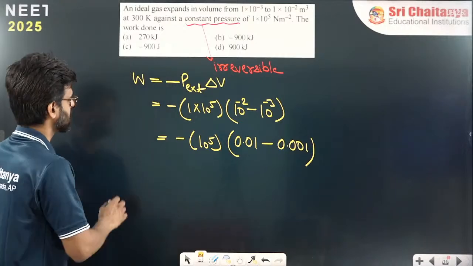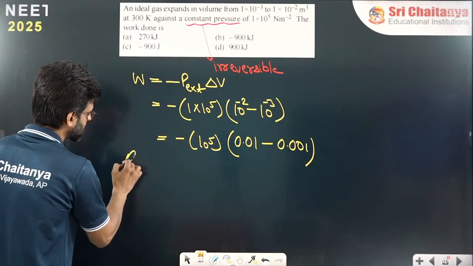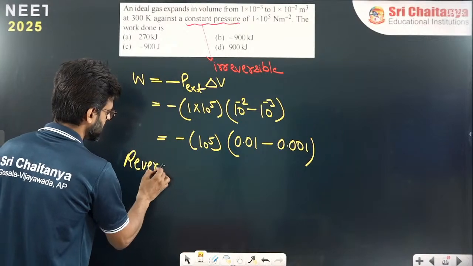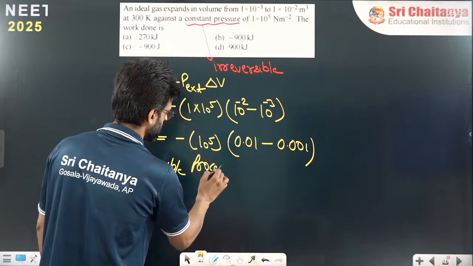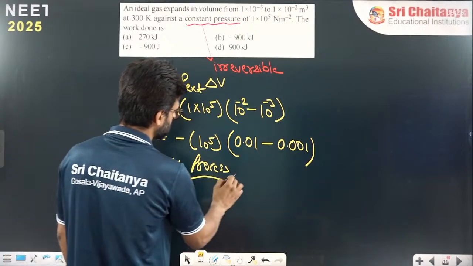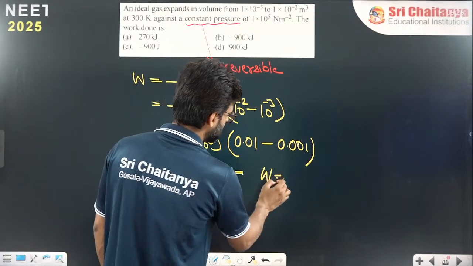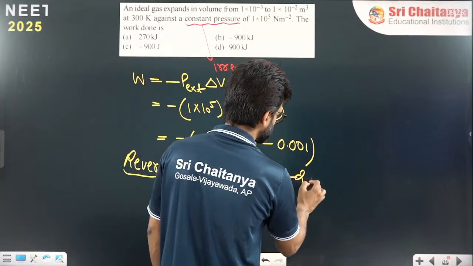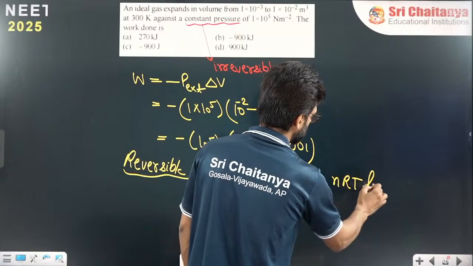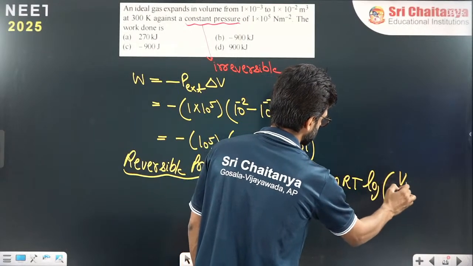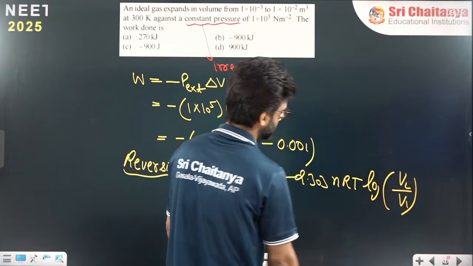If by chance they ask a reversible process, I'm saying once again, if they ask a reversible process, how do we find it? The work formula will be a little different. It's minus of 2.303 nRT log V2 by V1.